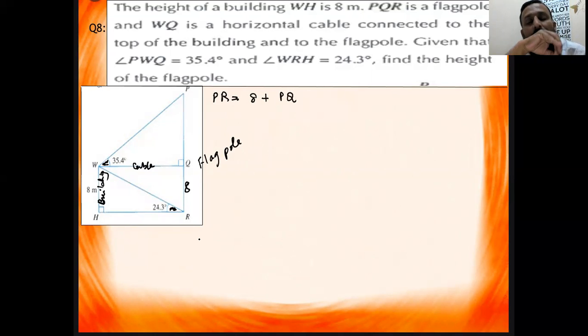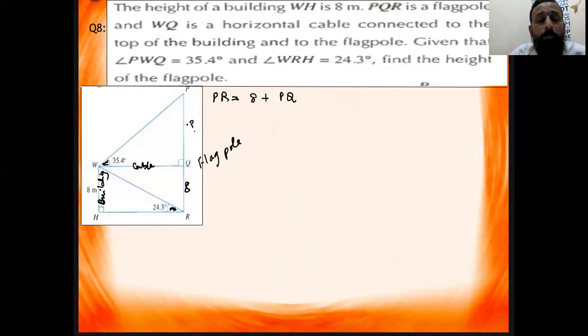This is a simple formula to calculate the height of the flagpole. I got 8 meters from the building, that is a rectangle. You can see a bottom figure, a rectangle. So both the parallel sides are 8 meters. Now I need to calculate this much distance, that is PQ.